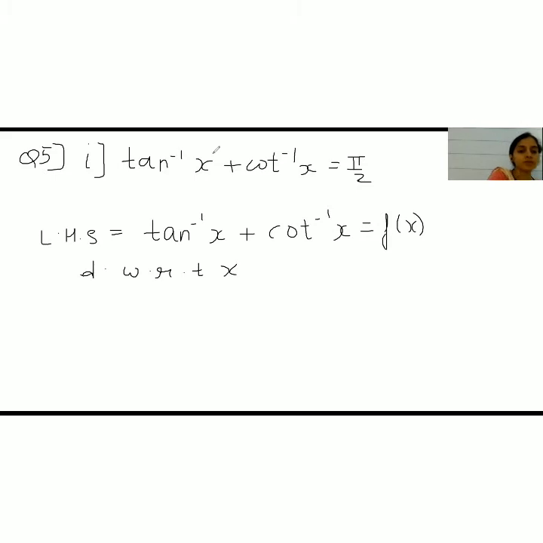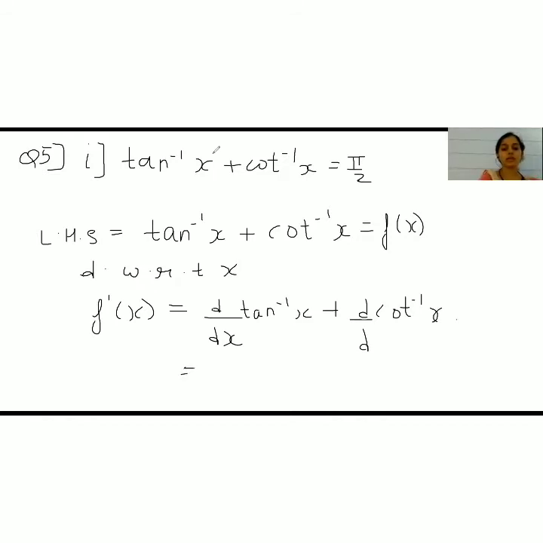So differentiating f of x with respect to x, f dash of x is equal to d by dx of tan inverse of x plus d by dx of cot inverse of x. So what is the answer? It is 1 upon 1 plus x square minus 1 upon 1 plus x square, negative value, right?